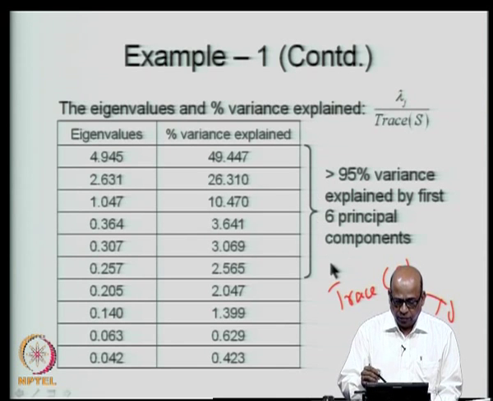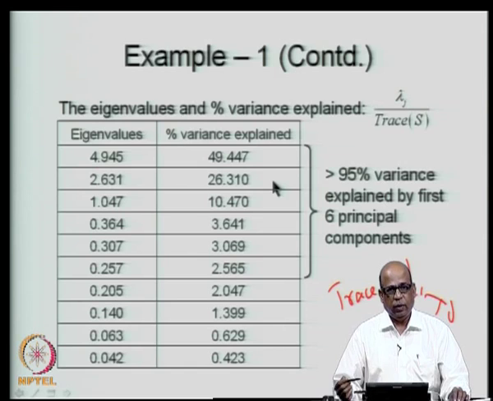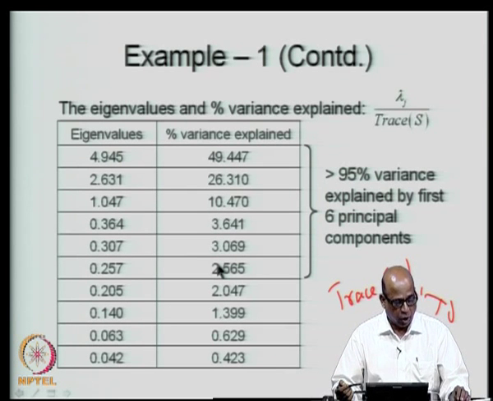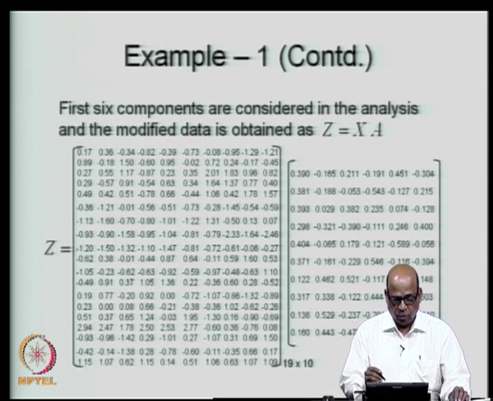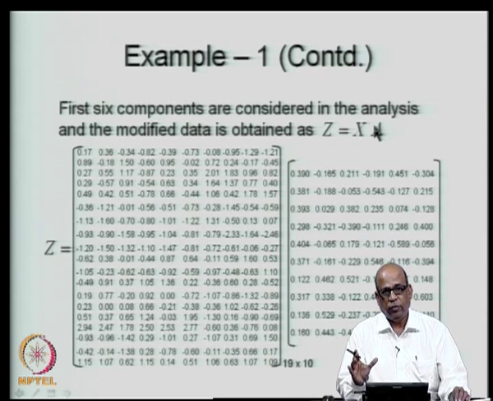So, we will use these 6 components and then regress the dependent variable on the 6 eigenvectors, or 6 principal components, so to say. So, what we are doing now is Z equals X A, where A is the principal components, and we are using only the 6 principal components.